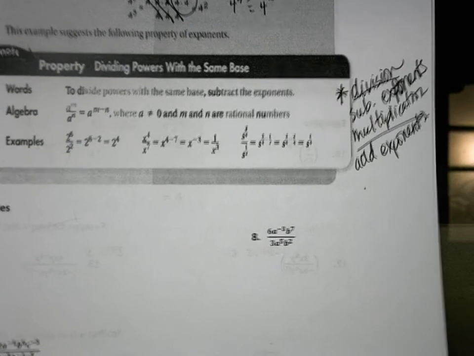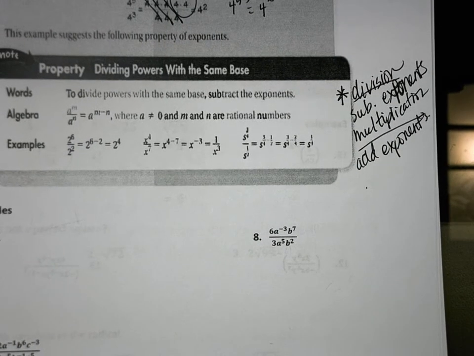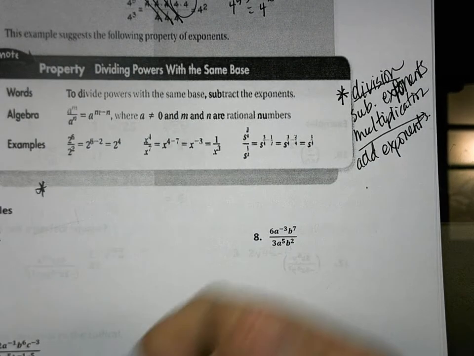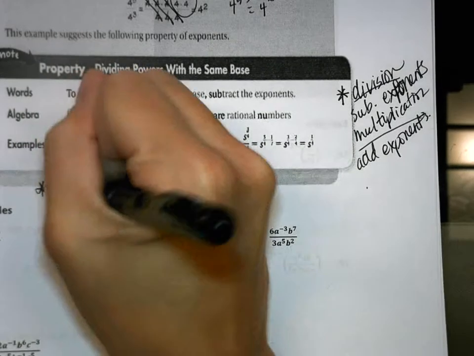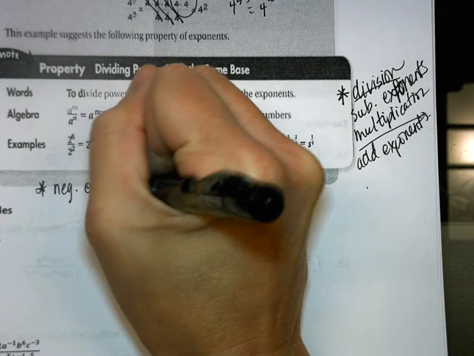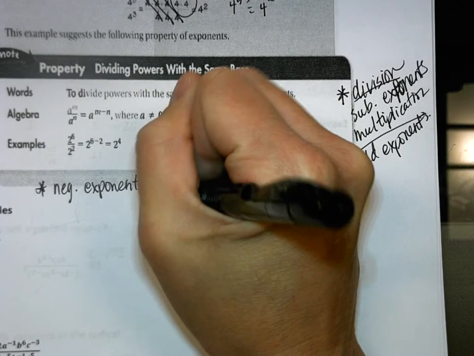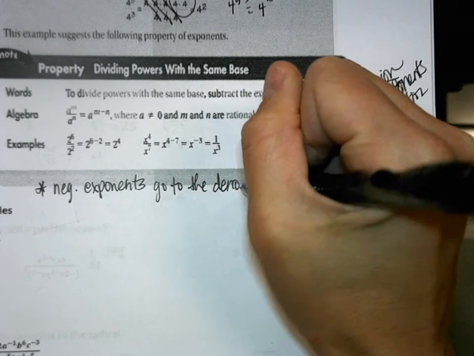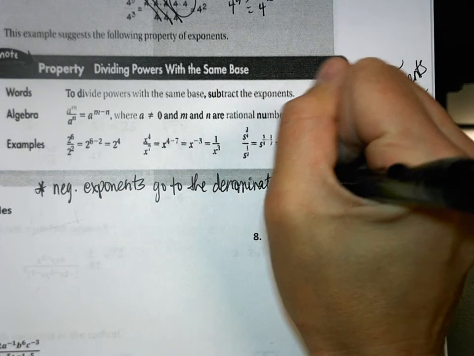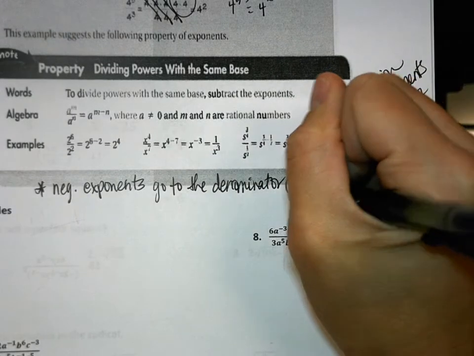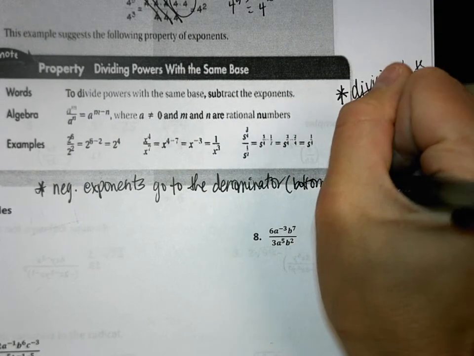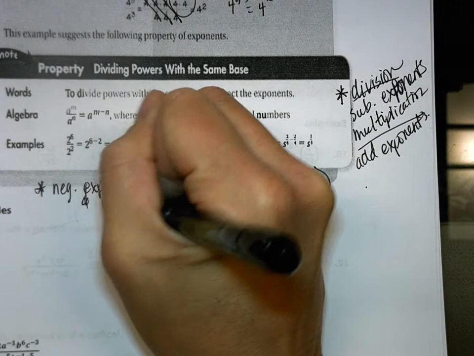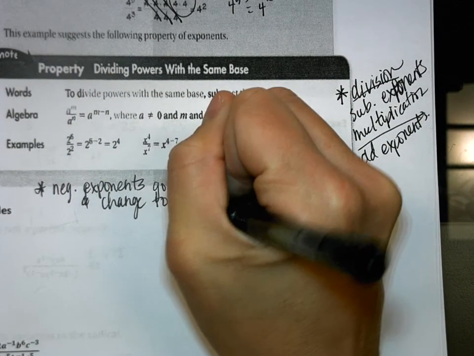Okay, I want us to make another note here, and that is that negative exponents go to the denominator. If you don't remember it's the denominator, you can put bottom, and change to positive.